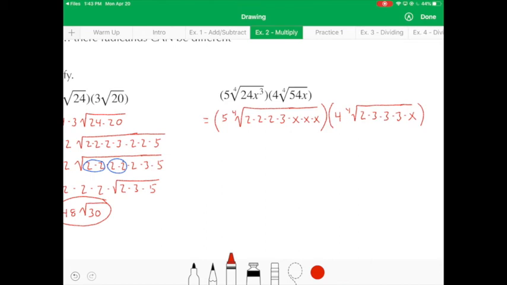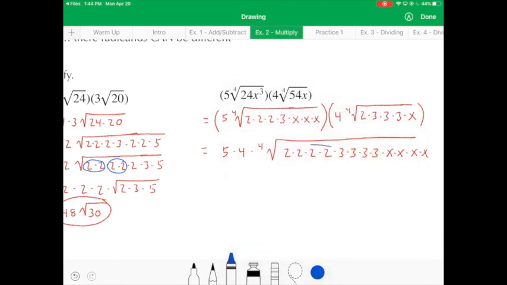Okay? If we multiply these two radicals together, the 5 and the 4 that are on the outside, they'll multiply each other. And then these factorizations can just combine with each other. Okay? So now I'm going to have a total of 4 2's as well as a total of 4 3's as well as a total of 4 x's.